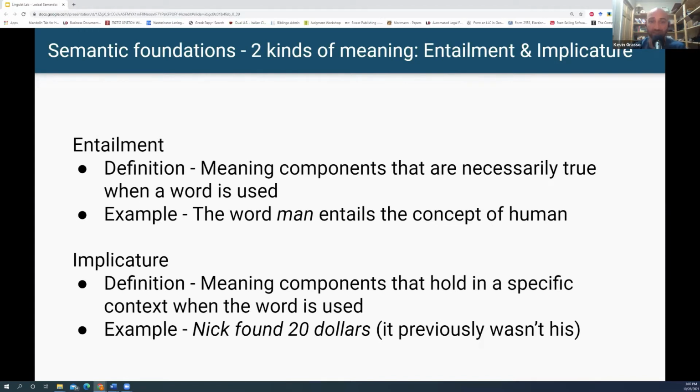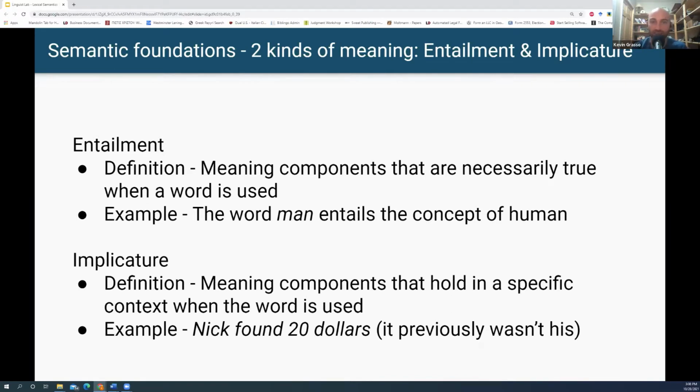Then we have another kind of meaning. This is also a meaning, but it is different. It has different properties, and it's called an implicature. This is my definition: meaning components that hold in a specific context when the word is used. So when I say something like Nick found $20, we infer from this that it previously wasn't his. In an out of the blue context, if I just say Nick found $20, that's what we would normally understand.